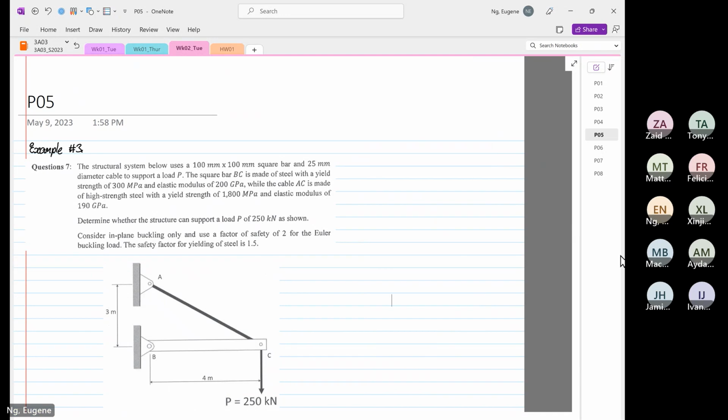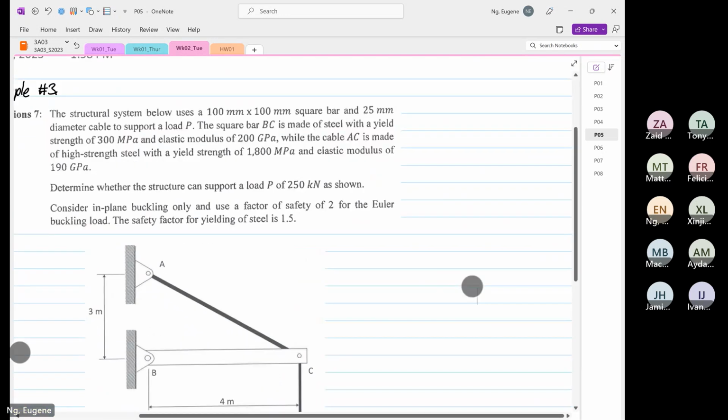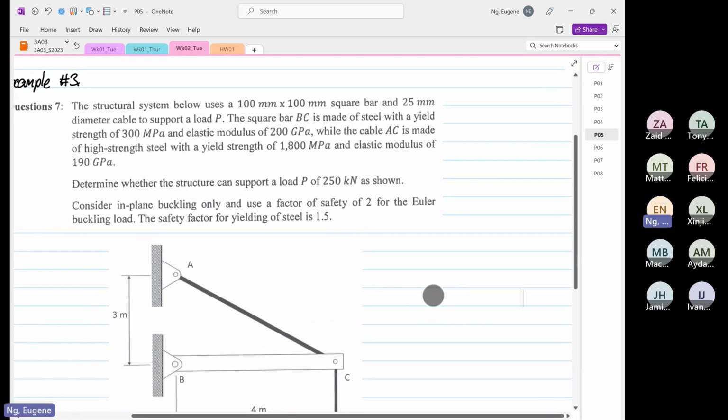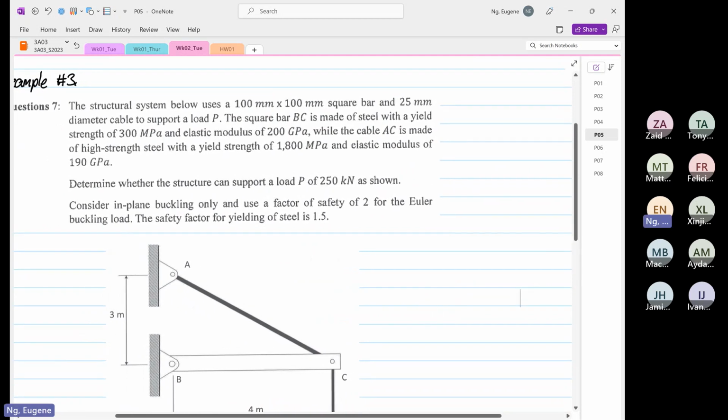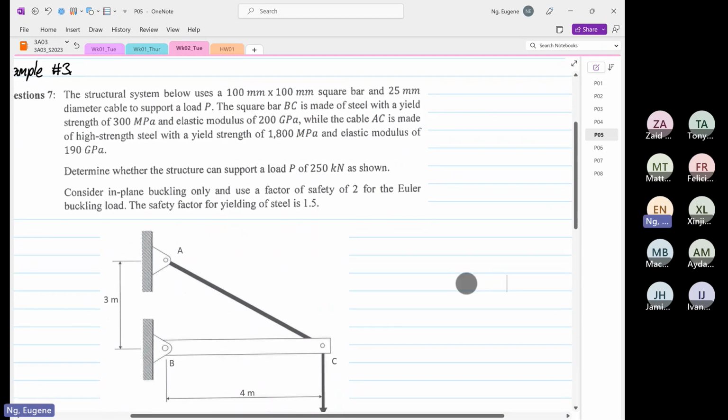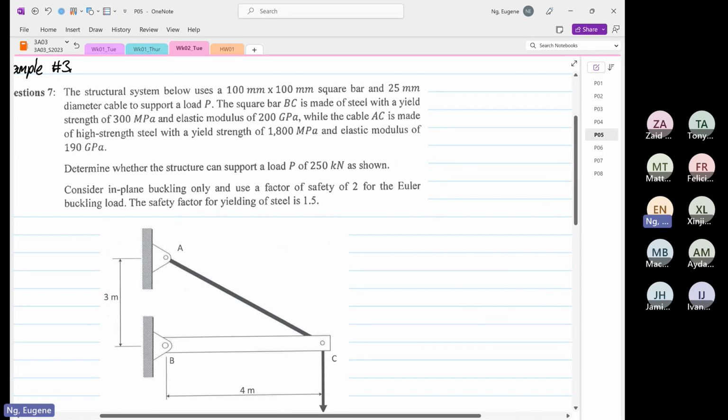Okay. So now the structure beam below uses a 100 by 100 millimeter square bar. So B and C, this is the square bar.